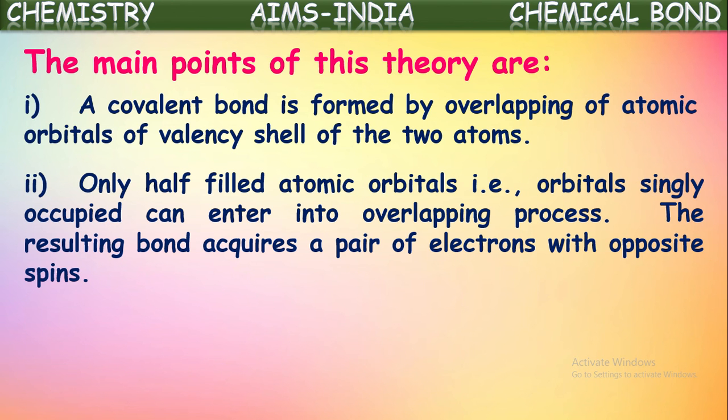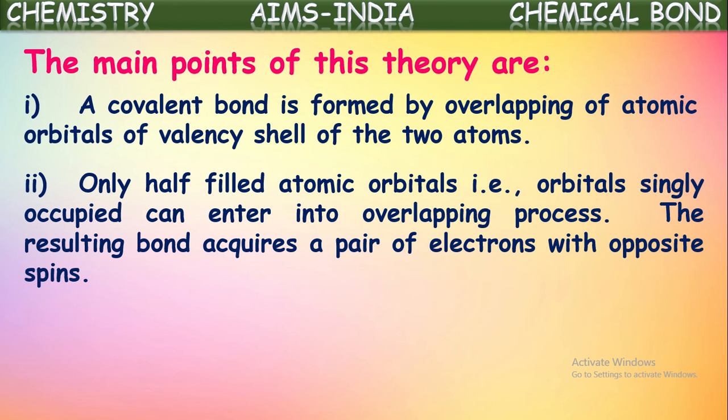Only half-filled atomic orbitals, that is orbitals which are having a single electron, enter into the overlapping process. As a result, the bond acquires a pair of electrons with opposite spin.